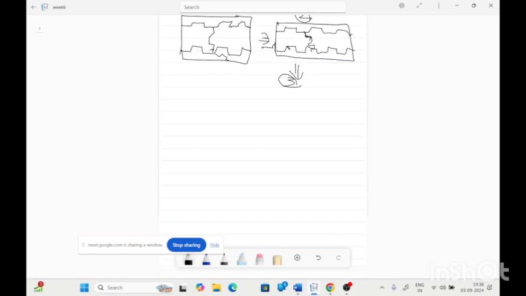In the third step, there is more decrease in width, and the grains come very near to each other.